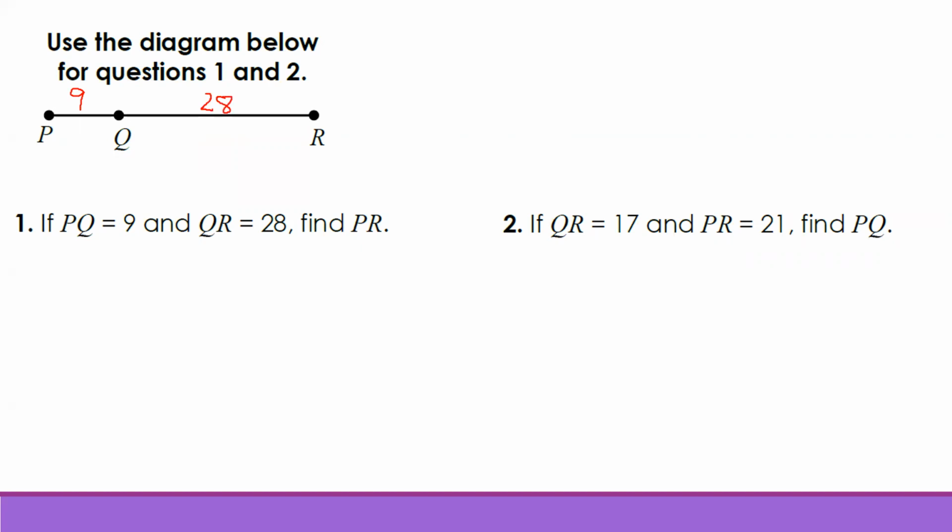Well, segment addition says if you have one small segment and you add it to another small segment, you're going to end up with the larger segment. So I can say that PQ plus QR equals PR. Well, the length of PQ is 9 and the length of QR is 28. So when I add the 9 and that 28 together, I get 37. So the length of the whole segment is 37.